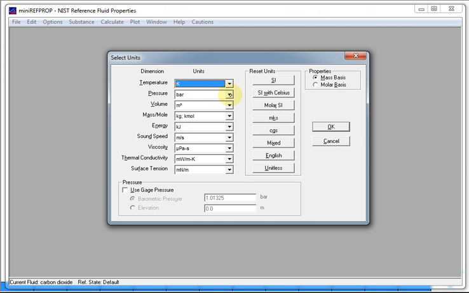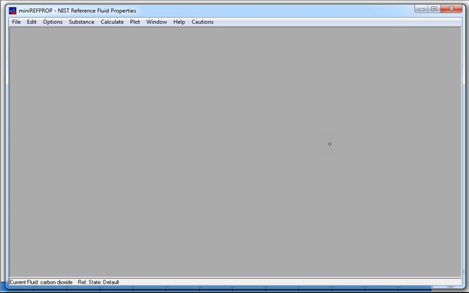Okay. You can also just change it to CGS or MKS or English, PSI, degrees F, BTUs, all that. Let's put it Kelvin and bar.